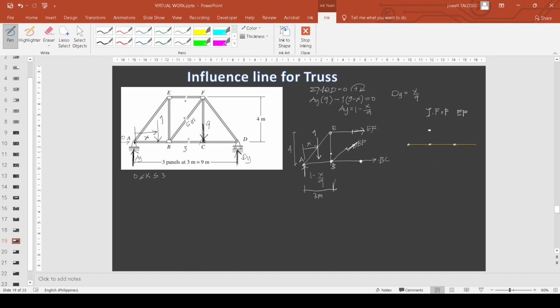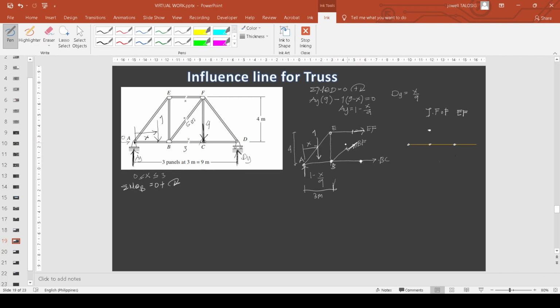So, para makuha natin yung EF, mag-moment tayo. Ayaw ko na si BF, no? So, summation of moment at B is equal to 0, positive clockwise. Okay? So, hindi pala member BF yun. So, at point B. Sorry, at point B. Dito sa point na to.